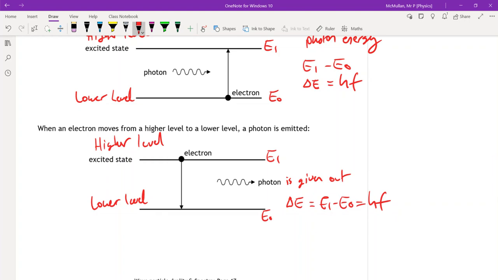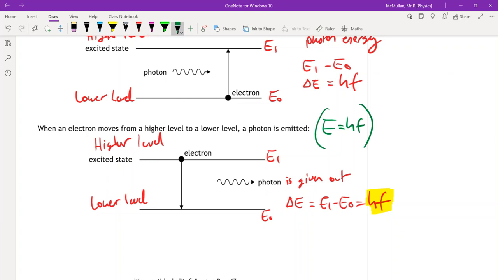So the frequency of the light given out depends on its energy, because we've got the formula hf. And for both of these, we just need to remember E equals hf. The energy of the photon is Planck's constant times its frequency.